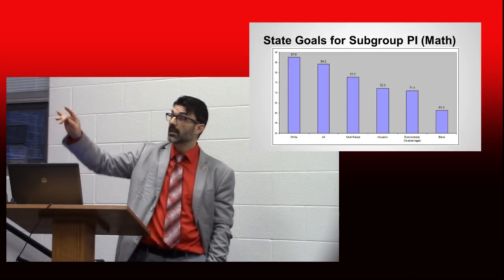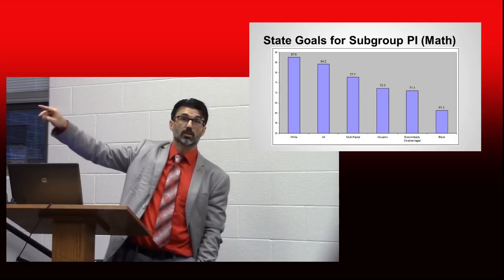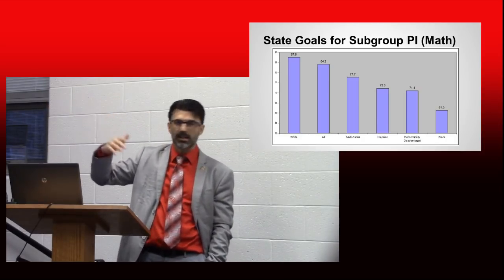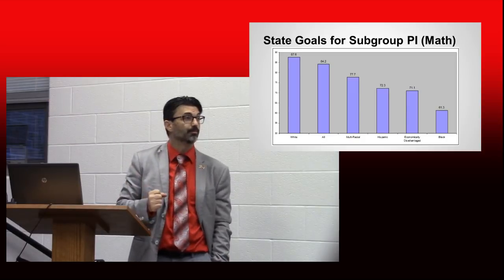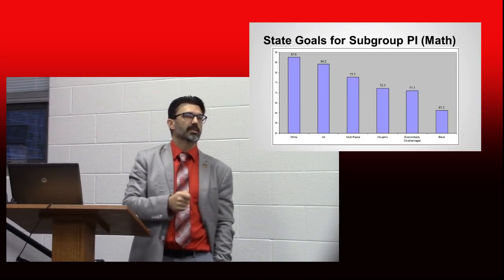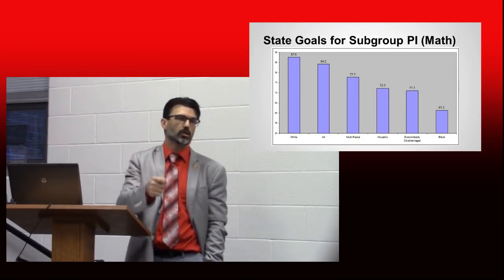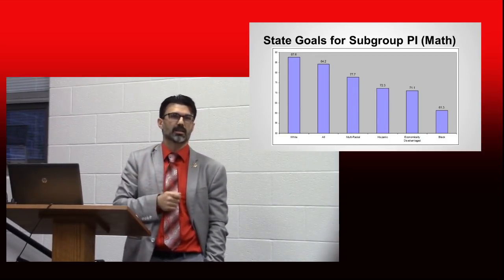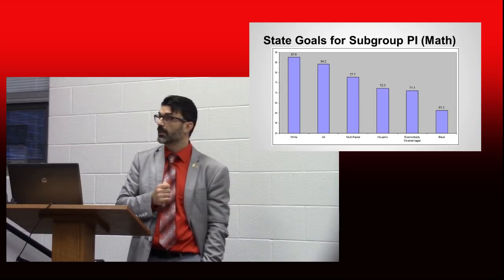These are the state goals, and you'll see that by group, the state goals differ by as much as 26%. Those are the goals set by the state, because the state even acknowledges that different groups of students perform very differently on these tests.